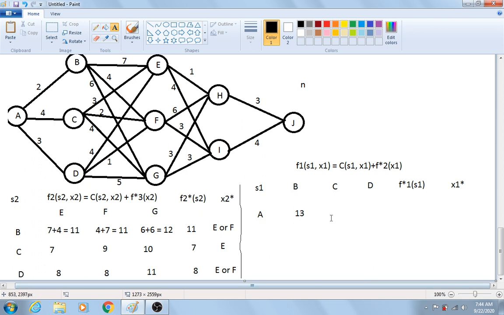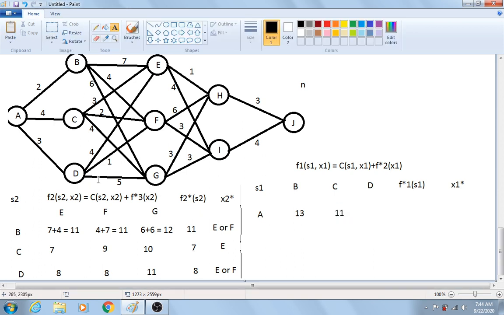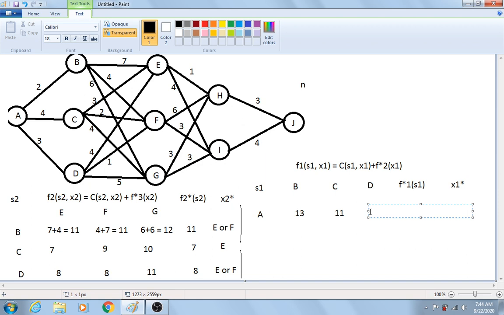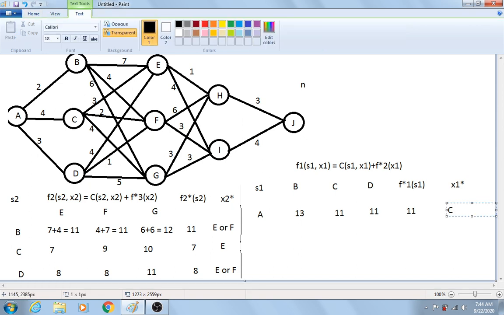So 4 plus 7, that is 11. And from A to D, the cost is 3. From the next stage, the lowest cost for D is 8. So 3 plus 8, that is 11. So the lowest cost here is 11, and 11 is given by C or D.